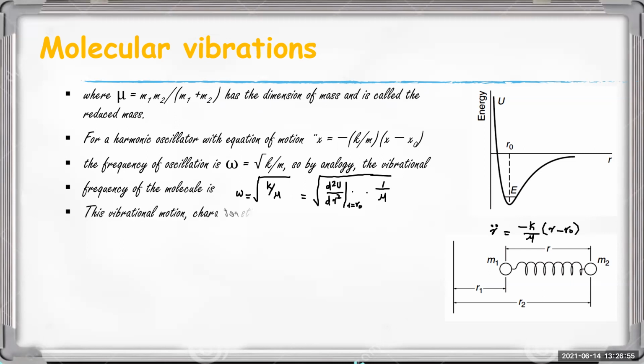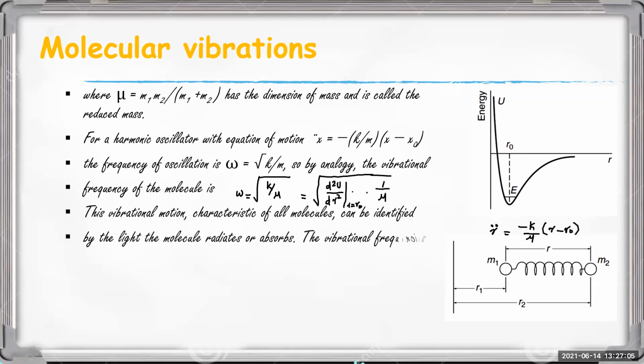This vibrational motion characteristic of all molecules can be identified by the light the molecule radiates or absorbs. The vibration frequencies typically lie around 10 raised to 14, less than 5 into 10 raised to 14 hertz.